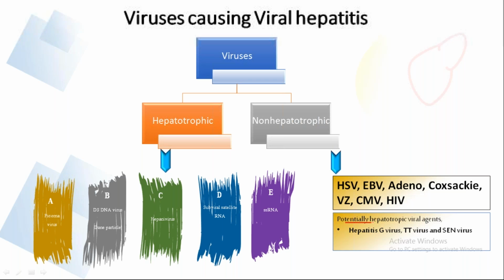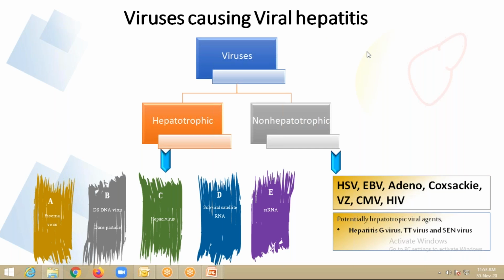Examples are hepatitis G virus, TT virus, SEN virus. Very little is known about these three, but they are mentioned in your textbook. Just remember, they are potentially hepatotrophic, but as of today, no disease has been diagnosed based on them. So this is the general structure. If asked which viruses cause hepatitis, these are the things you must mention in the examination. Next.